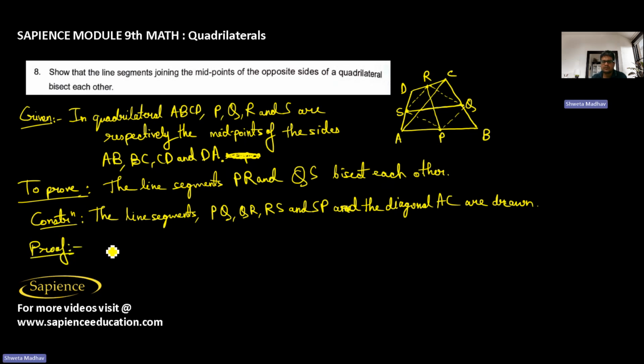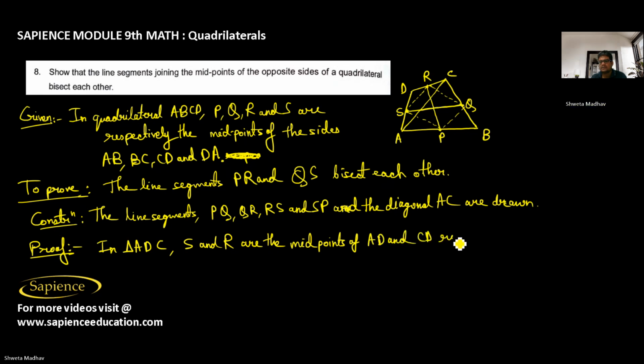So now here we will see that in triangle ADC, S and R are the midpoints of AD and CD respectively, since it is given.